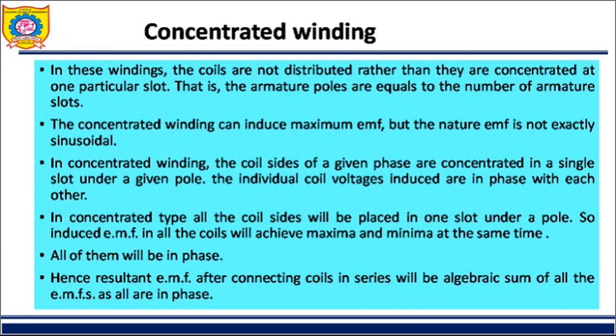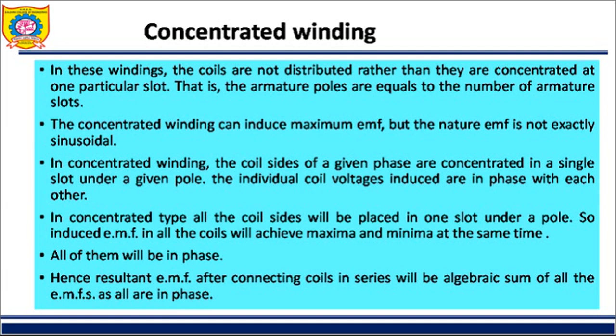So we can go ahead with this. What is the concentrated winding? In this winding, the coils are not distributed, rather they are concentrated in one particular slot. The number of armature poles is equal to the number of armature slots.